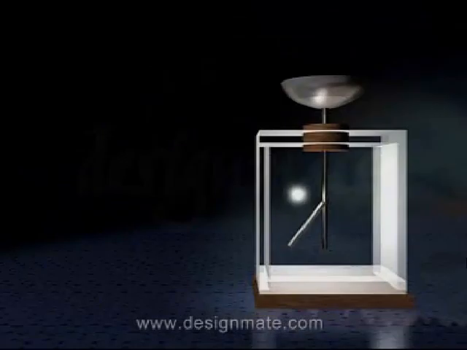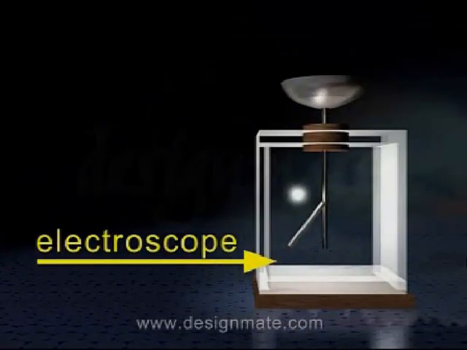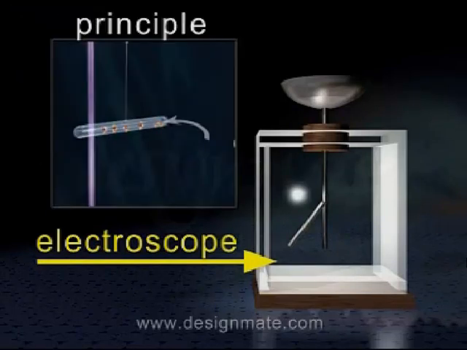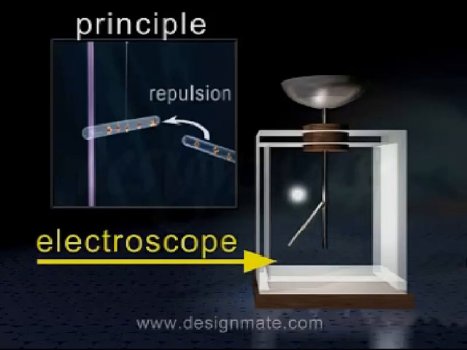An electroscope is used to ascertain whether a substance is charged or not. The electroscope works on the principle that like charges repel.